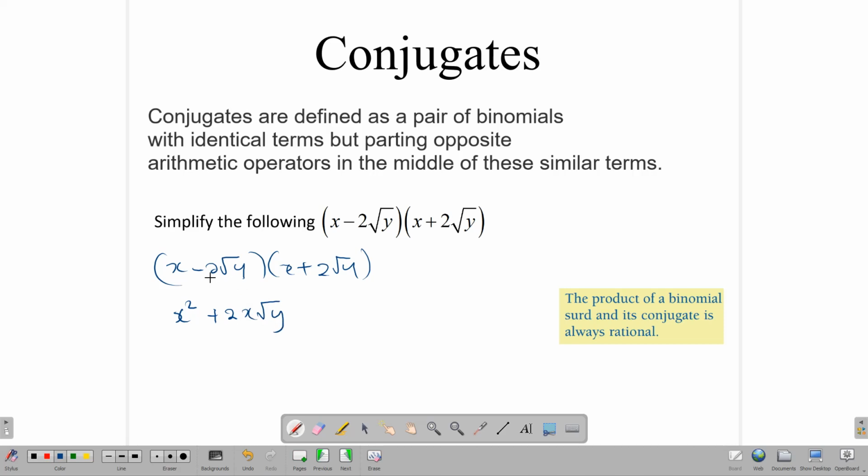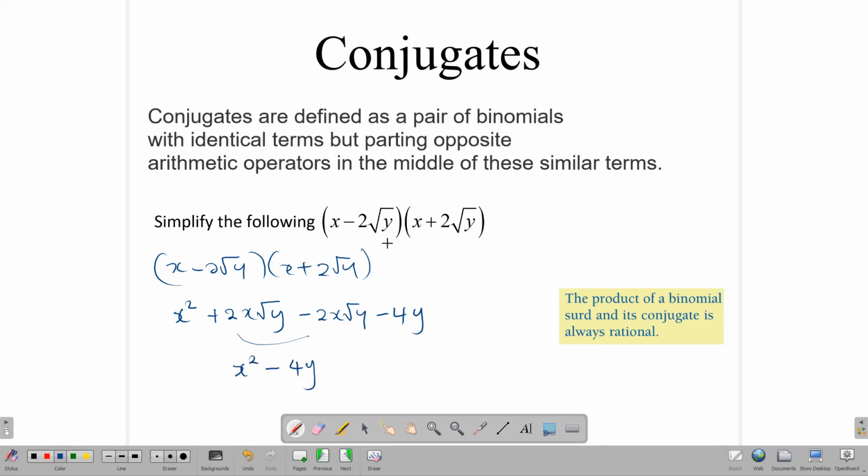Minus 2 root y times x gives us a minus 2x root y, and a minus 2 root y times a positive 2 root y gives us minus 4y. The similar terms cancel each other out. So what we end up with when we simplify this is x squared minus 4y.